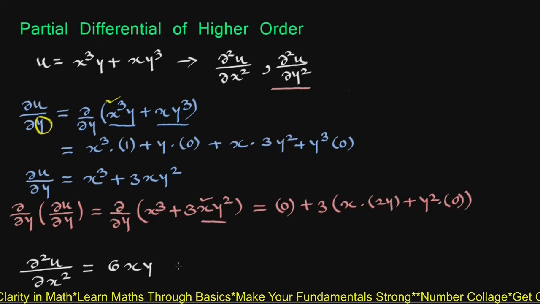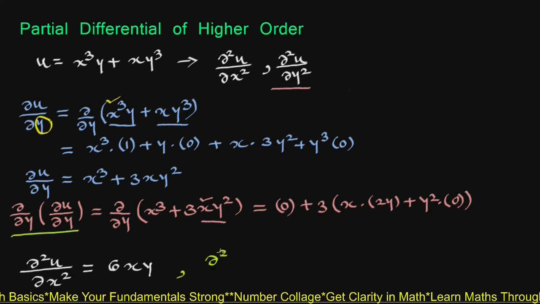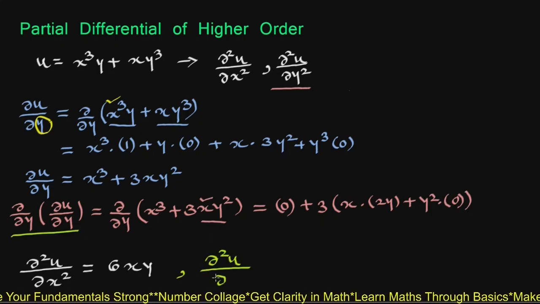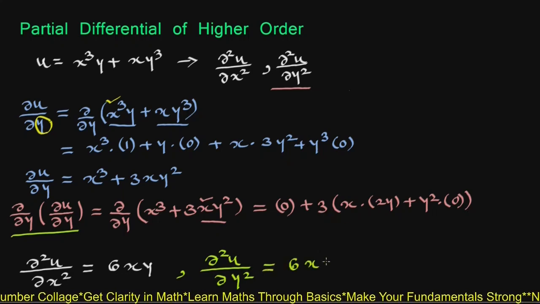So finally we get from this ∂²u/∂y² equals 3 twos are 6xy.